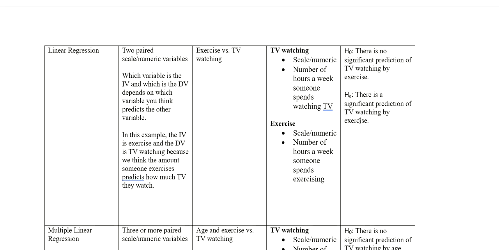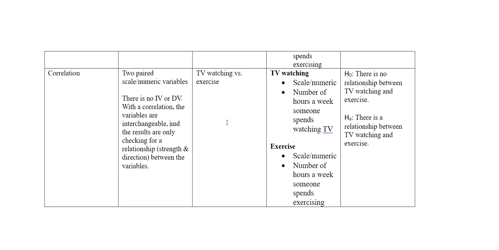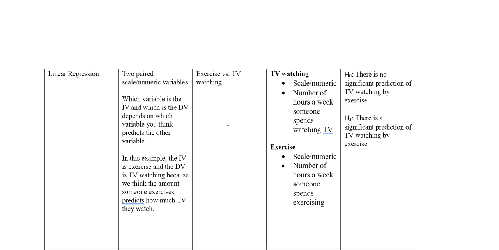So down here we've got our linear regression. Now our linear regression is very similar to a correlation, I mean we're still using our 2 paired scale numeric variables. So in this example, exercise versus TV watching, right? So that's still the same. The only difference is which variable is the independent variable and which is the dependent variable depends on which variable you think predicts the other.